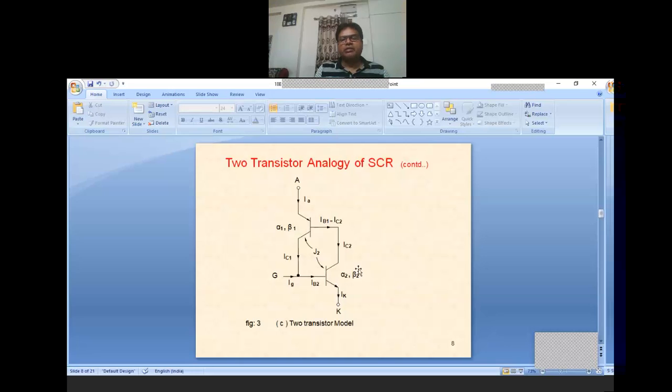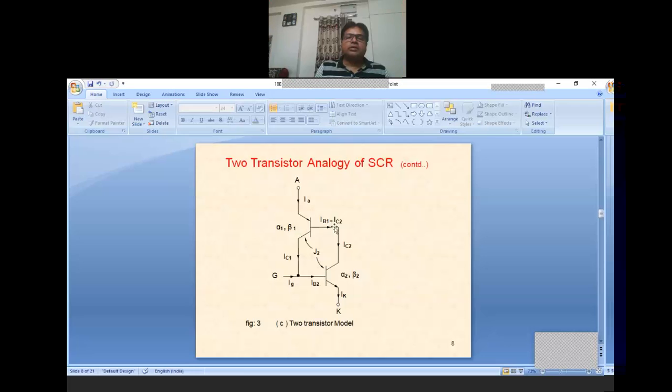Again, depending on the gains of transistor T2, there will be a collector current coming out of the transistor, which will be connected to the base of the first transistor.